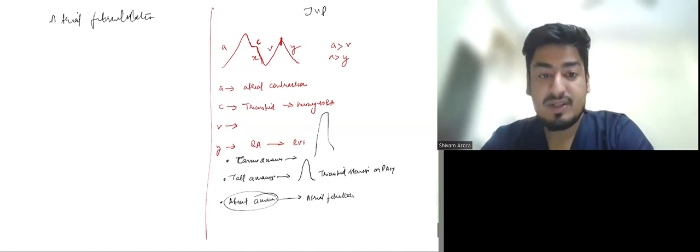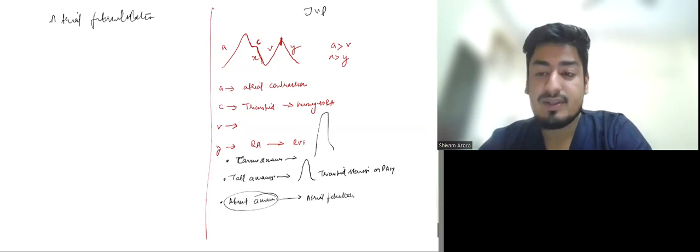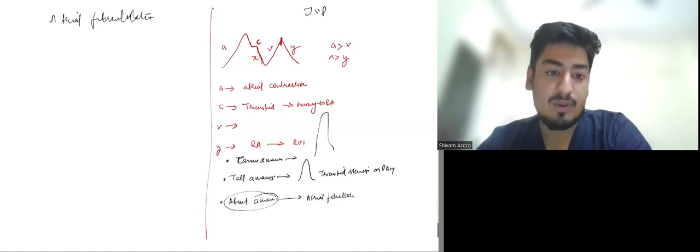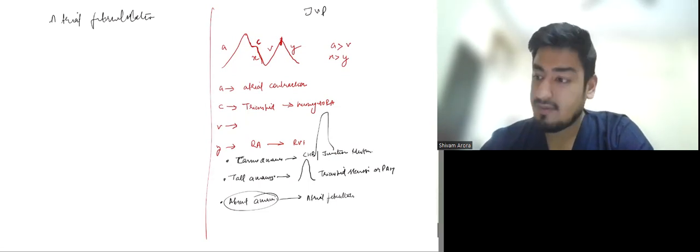That is, the pressures are high. So atria have to contract against a high pressure, but definitely there is a pathway. But Canon A waves are because of AV dissociation, that is atria is contracting against a closed tricuspid valve. So Canon A wave is seen in conditions of AV dissociation like complete heart block or junctional rhythm or junctional tachycardia. Clear? So these are the abnormalities of A wave.